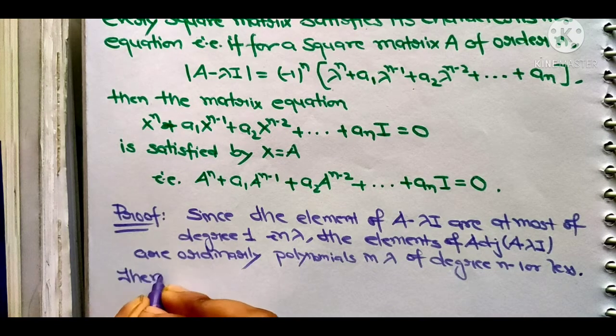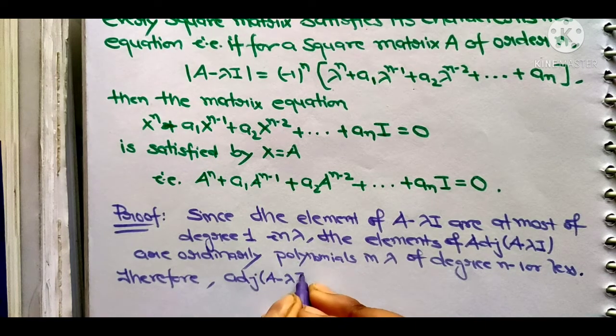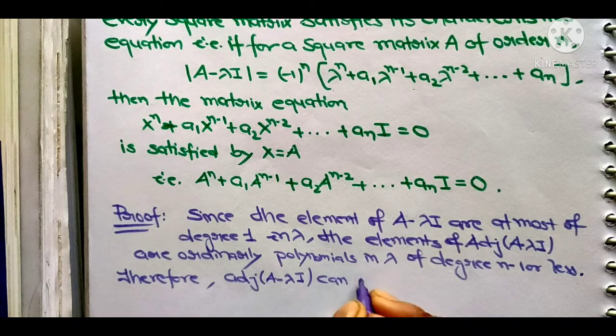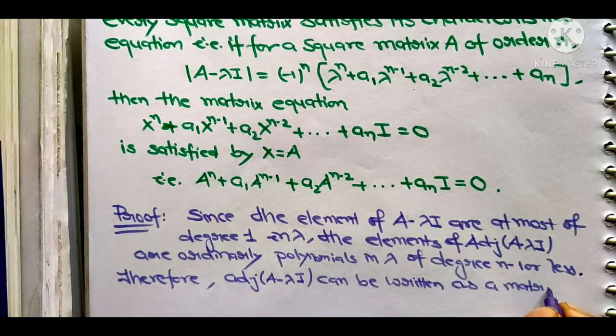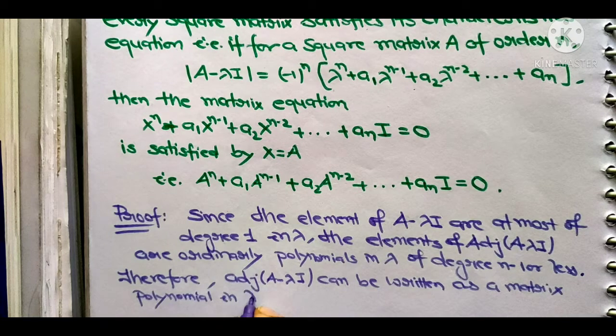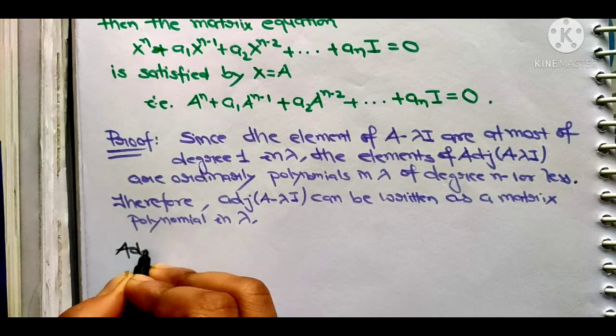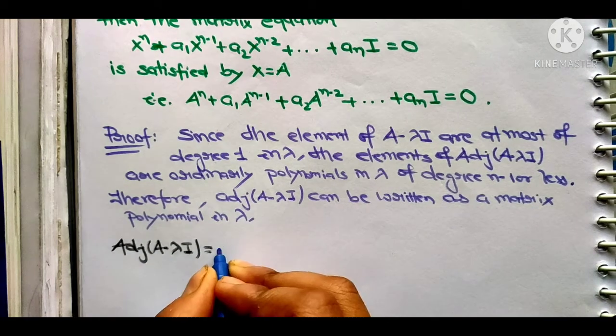Therefore, adjoint of A minus lambda I can be written as a matrix polynomial in lambda.